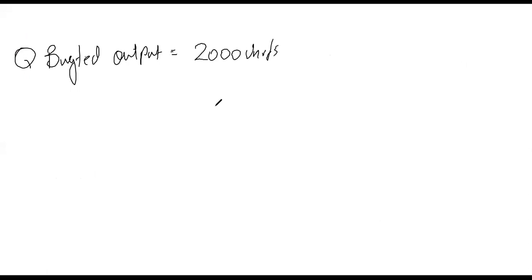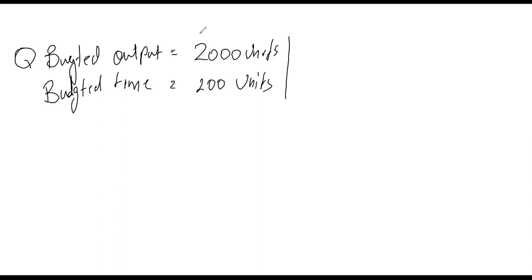The budgeted output for the period is 2000 units, and the budgeted hours to produce these is 200 hours.